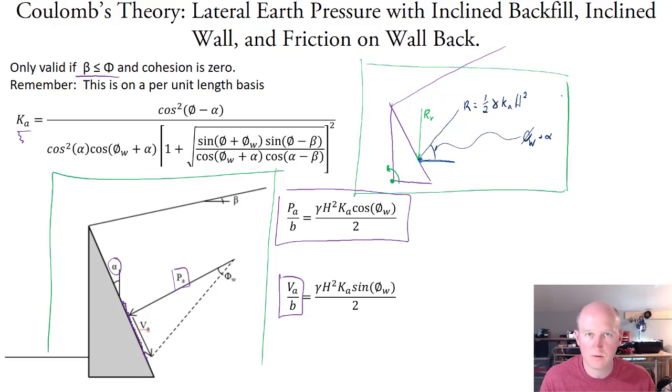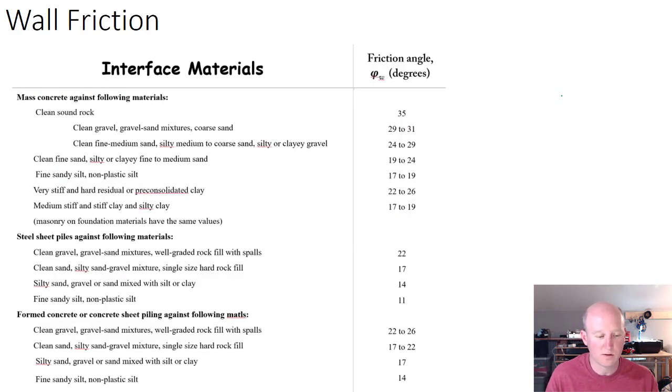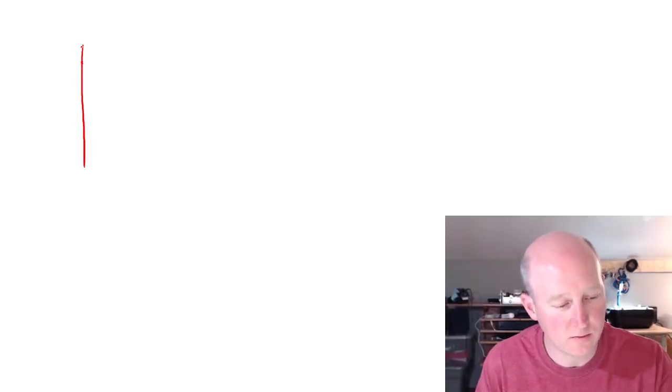So a couple final details. What's phi wall? Here's a way to look that up. So there's different types of material with different types of soil. So last time we learned how to calculate the horizontal pressure.